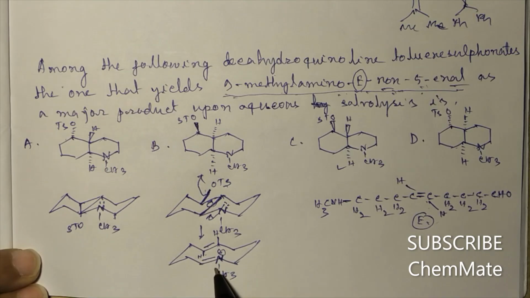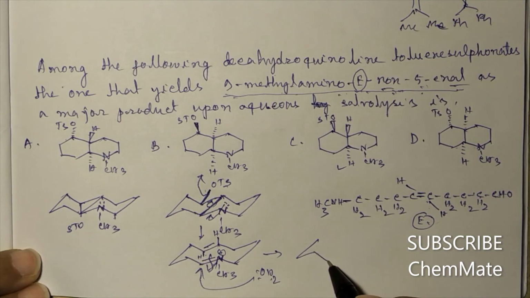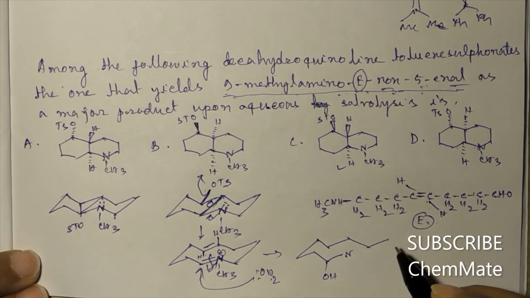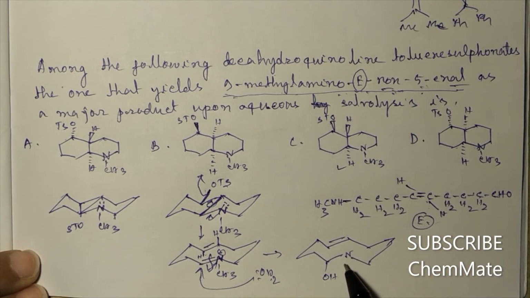Now if this group is hydrolyzed, this bond will cleave and it will be converted to NHCH3, and this will be converted to CHO. Now H2O will attack here, so this will be OH, CH3.